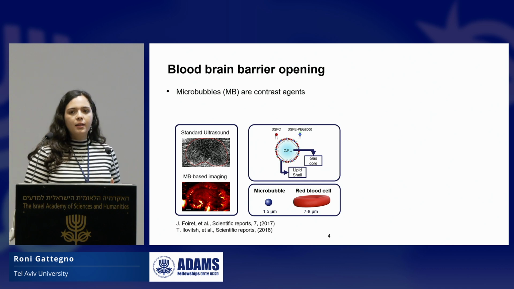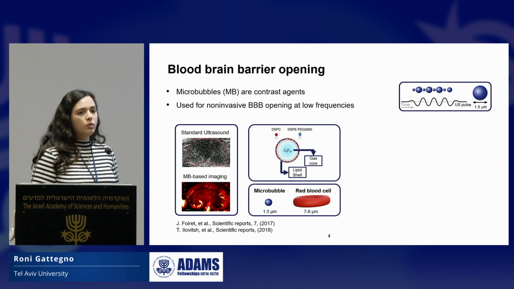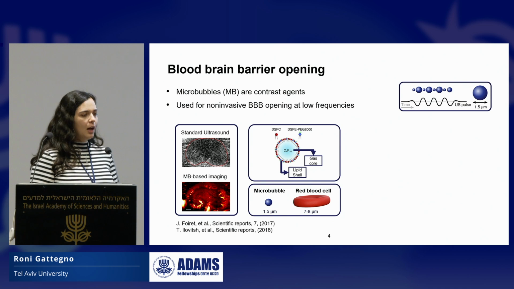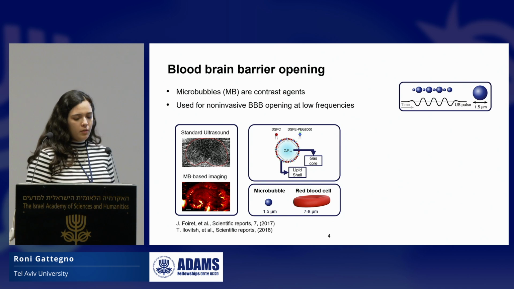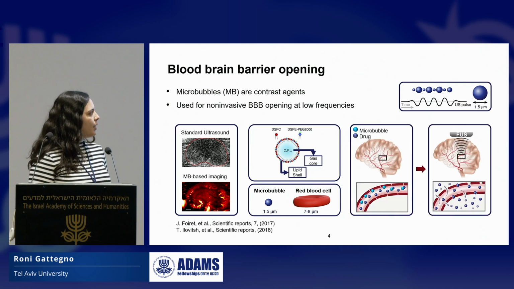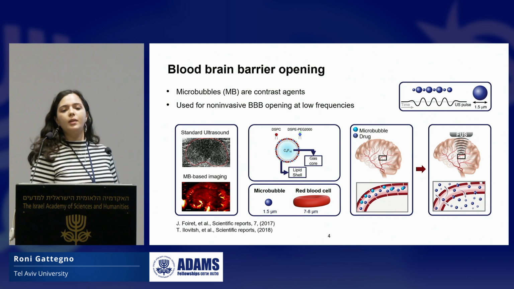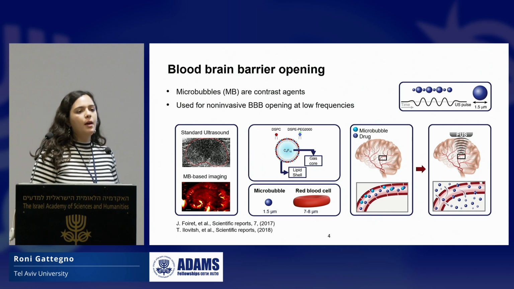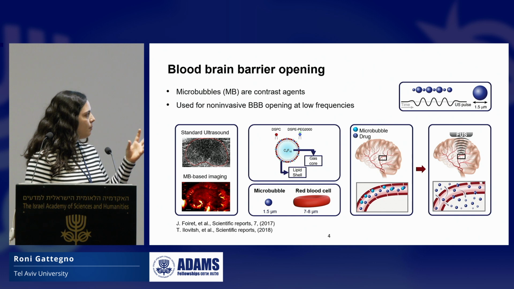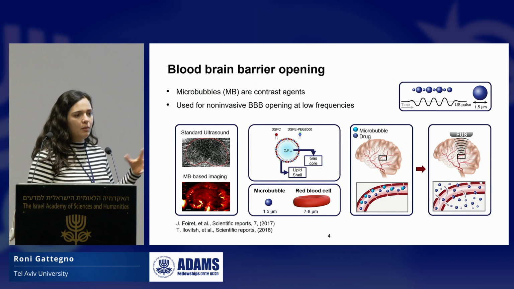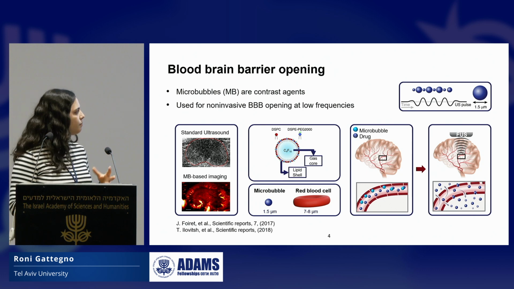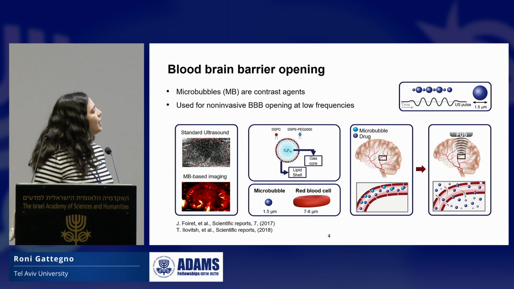The interesting part is that when we apply focused ultrasound on these bubbles, they oscillate, meaning they periodically expand and contract, and they apply forces to their surroundings. In case we apply the focused ultrasound in the brain, in the treatment area, the bubbles apply forces to the endothelial cells that compose the BBB, and make the BBB in that location permeable for a certain amount of time.